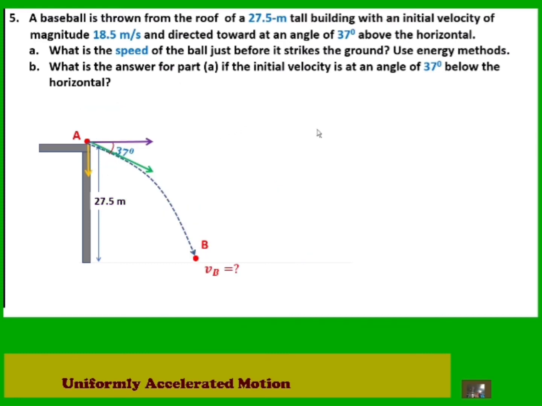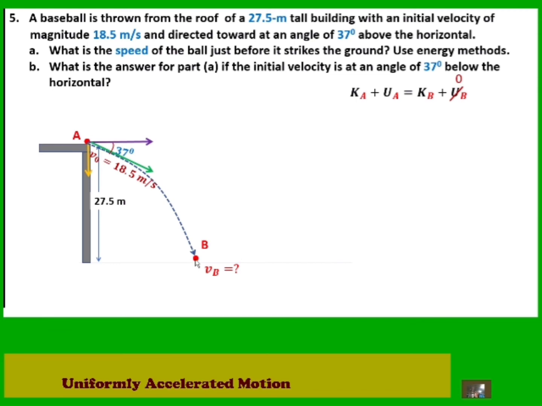Letter B. Let us solve for the velocity of the ball at point B, or on the ground, if the ball is thrown 37 degrees below the horizontal. From energy conservation principle, at point B, its potential energy is 0 since the height is 0.